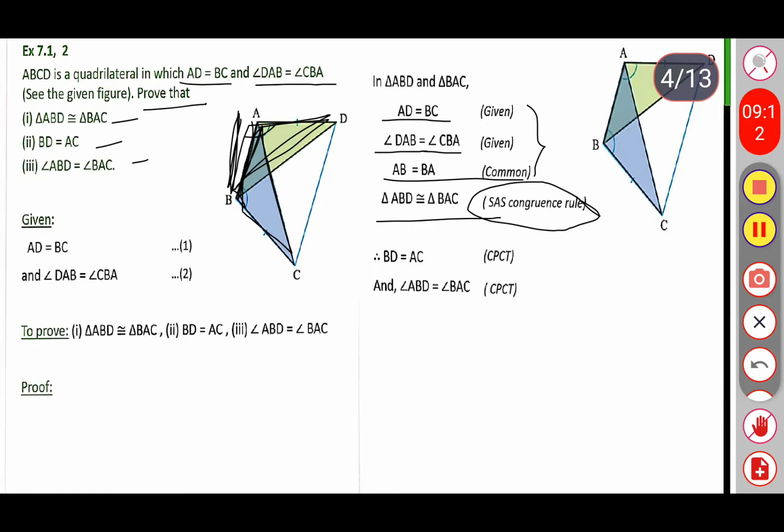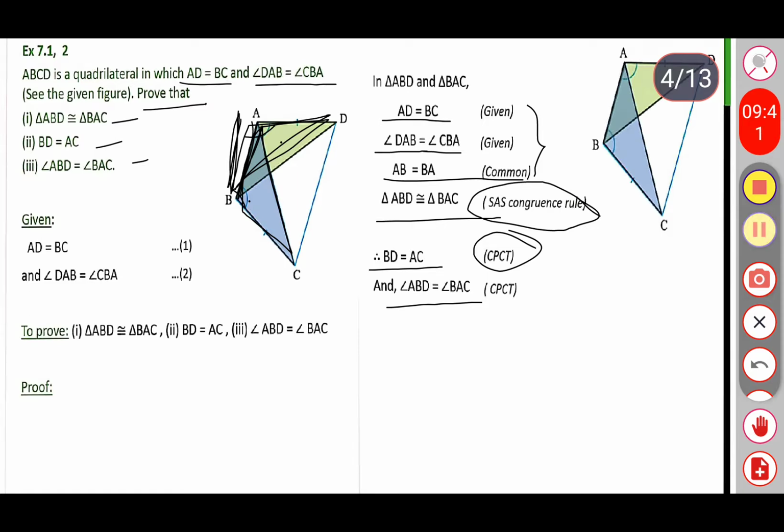Once we proved two triangles are congruent, the remaining all sides and all angles are equal by using CPCT. Therefore, side BD is equal to AC, and angle ABD is equal to angle BAC. So this is the proof of the second question.